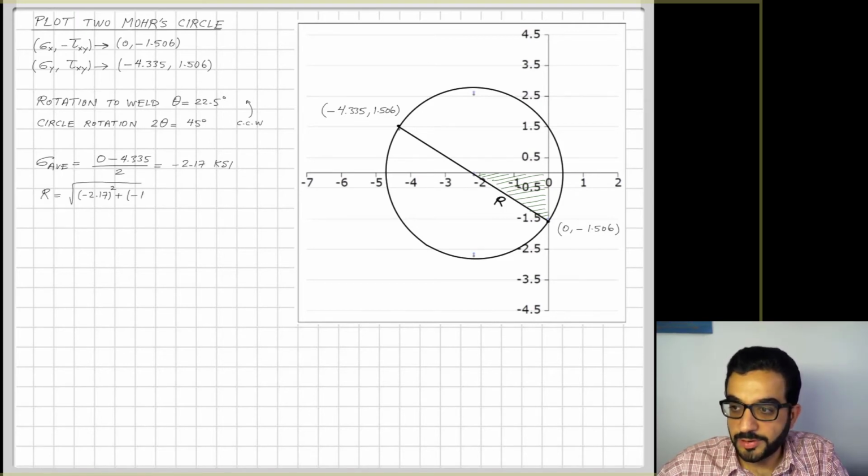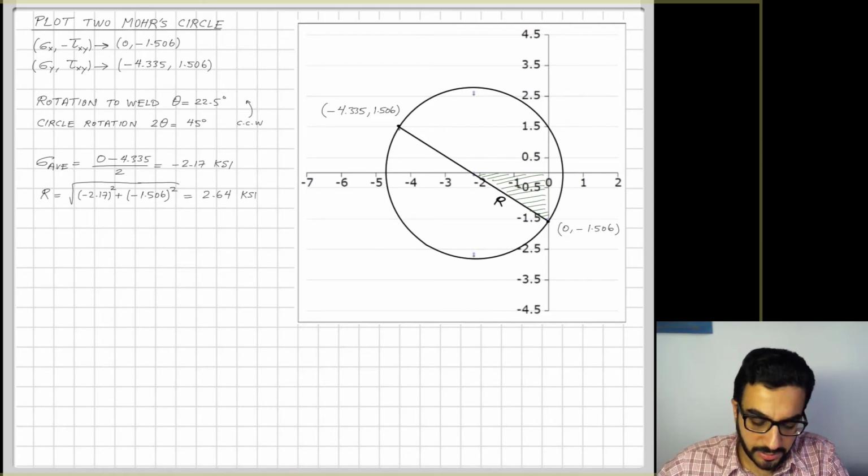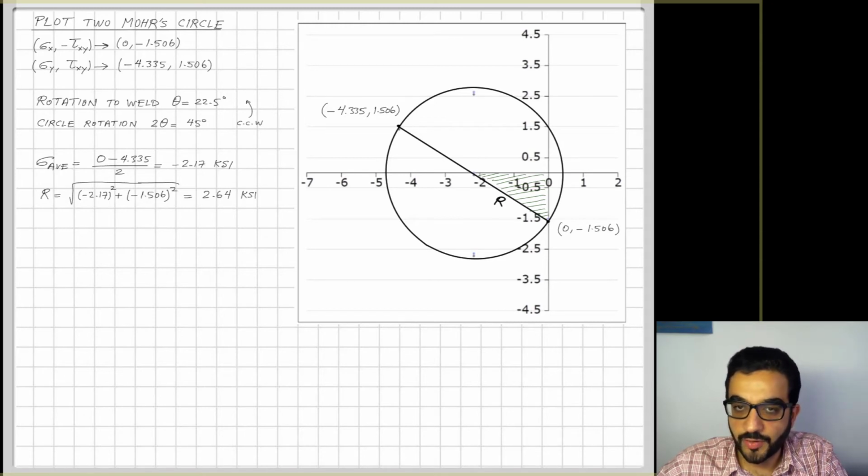I will also be interested in the radius of the circle, which is the longer side of the triangle, r. It is the square root of the height of the triangle, which is the value of tau, squared plus the base of the triangle, which is half of the distance between sigma x and sigma y, squared. By coincidence it's equal to sigma average in this case, the 2.17.